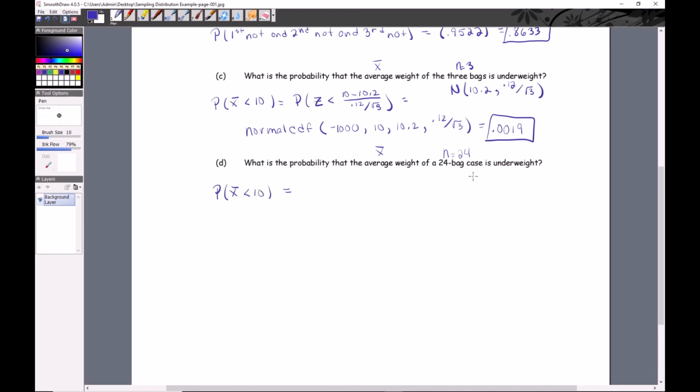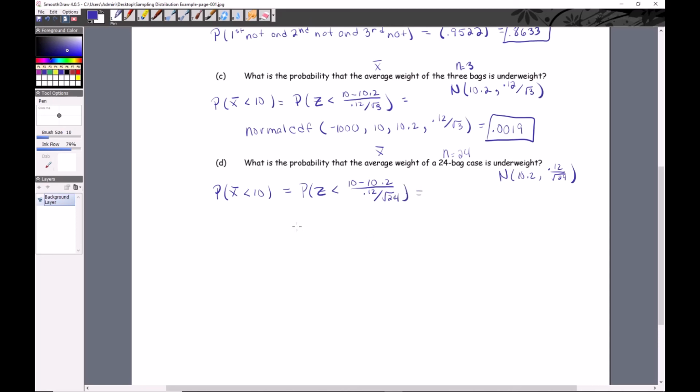This is normal, with a mean of 10.2 and a standard deviation of 0.12 adjusted by the square root of 24. So probability that Z is less than 10 minus 10.2 divided by 0.12 over square root 24.